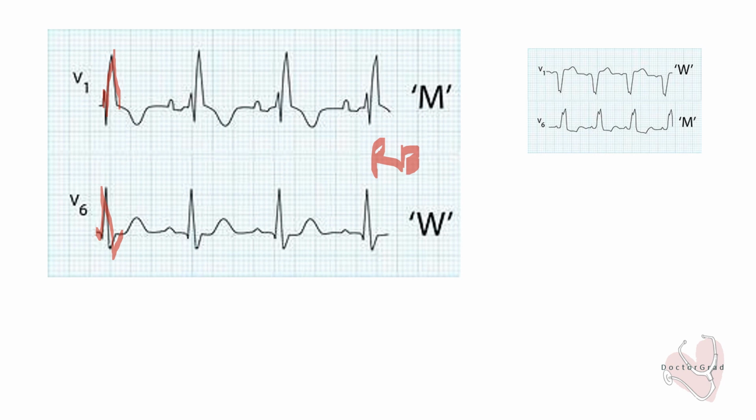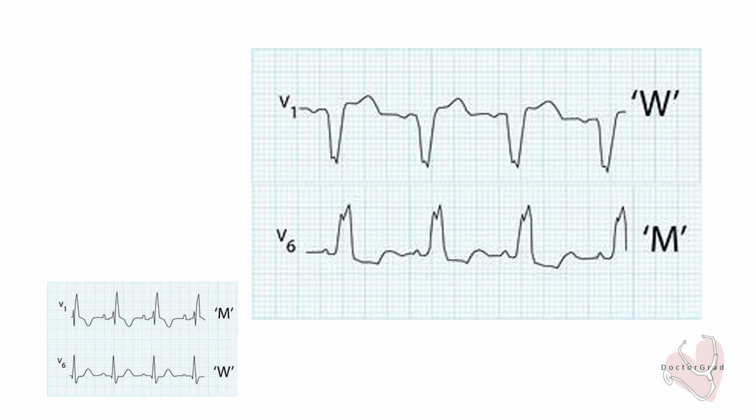Then we have a W pattern in V1, this is our W pattern, and an M pattern in V6, that is William, left bundle branch block.